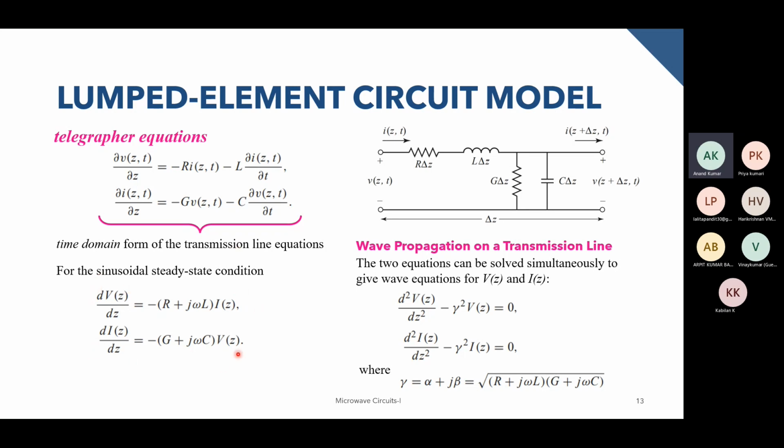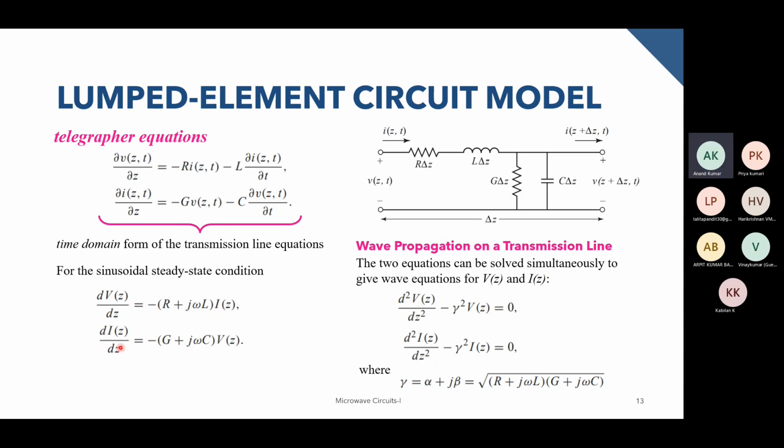This form is more popular among microwave engineers, and it is also very important, as it could be asked in your exams: how do you go about deriving the sinusoidal steady state telegrapher's equation for a two-wire transmission line?